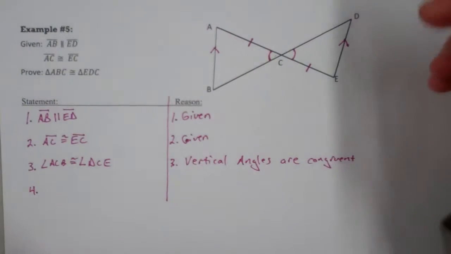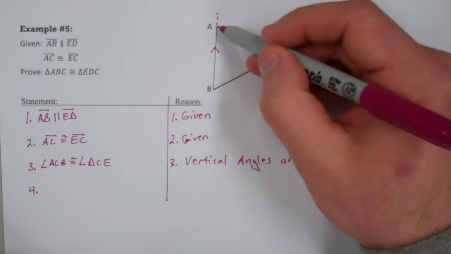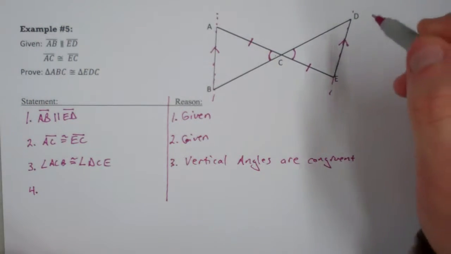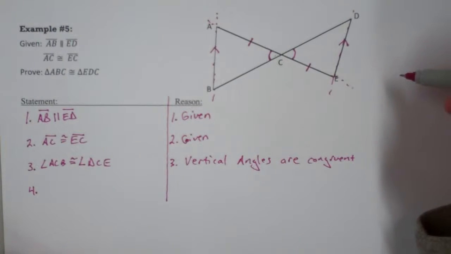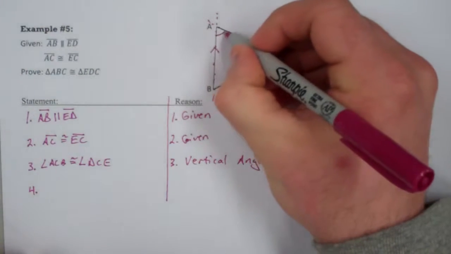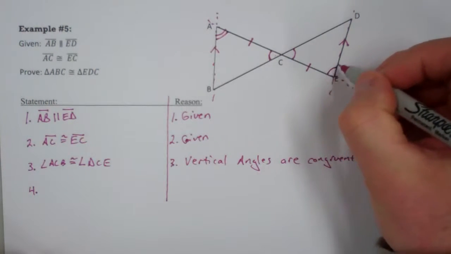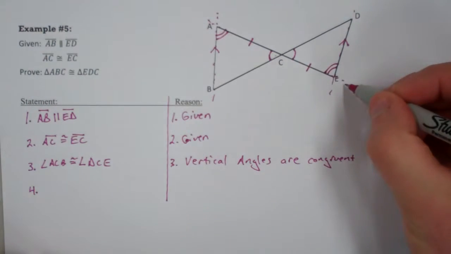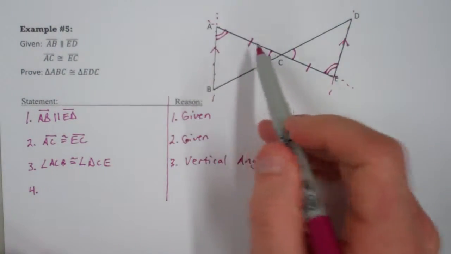Number 4, well, this one's a little tougher, but I'm going to imagine here that this keeps going, and imagine that this one keeps going, and they're supposed to be parallel. That would make this line right here a transversal. And if we look at this angle here and this angle here, those two angles are on alternate sides of the transversal, but they're on the interior of the parallel lines.